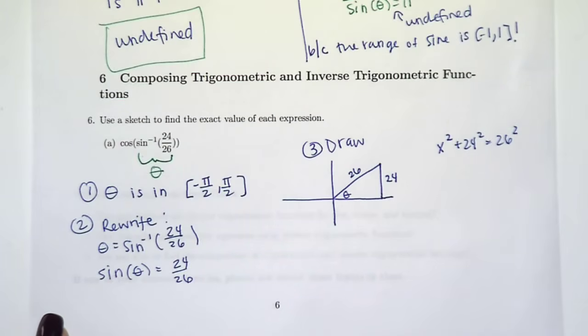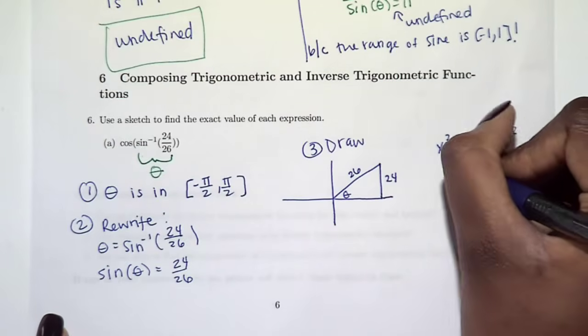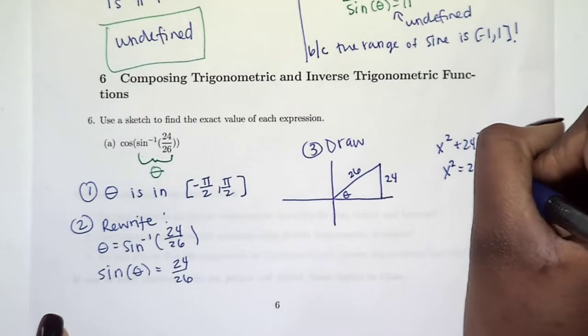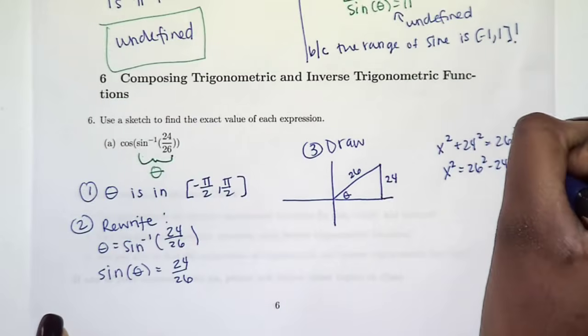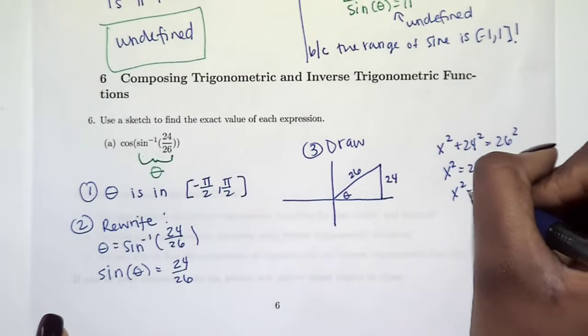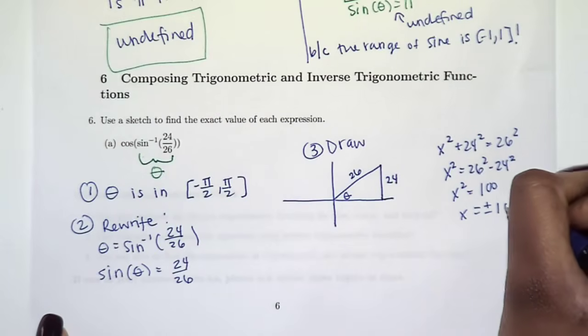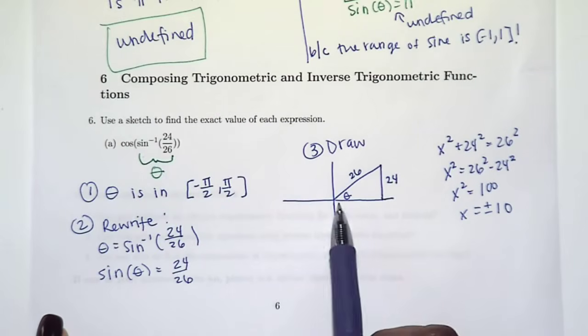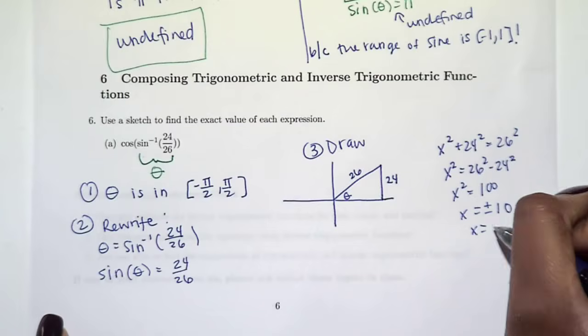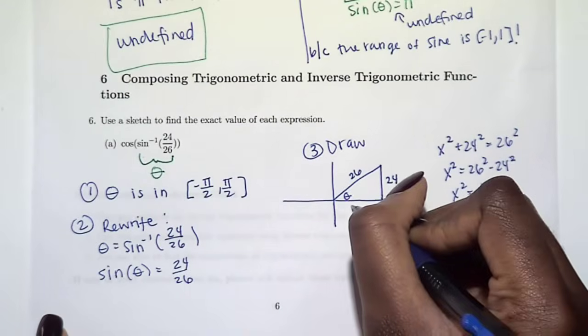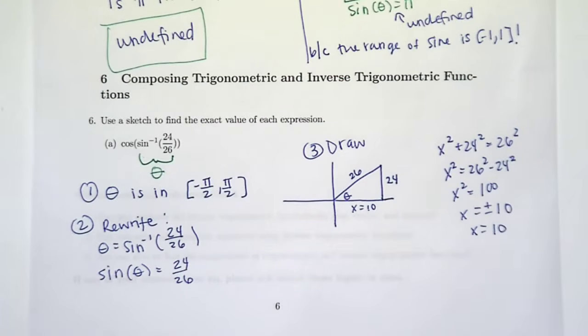So x squared plus 24 squared is 26 squared. X squared is 100, so x is positive or negative 10, but we're using length, so we're going to go with positive 10. So now we have our triangle.